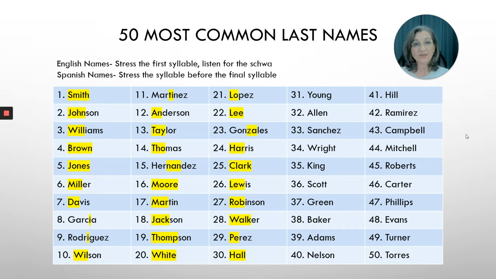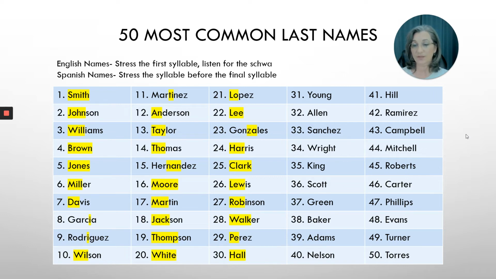So for the English names, what I've noticed is the pattern is that the stress always goes on the first syllable. Of course, if it's one syllable like Smith or Hall or Lee or Brown, that's me, then you know that that's where the stress goes. But for a name with 2 or more syllables, the stress goes on the first syllable.